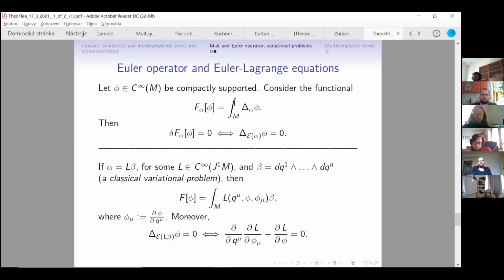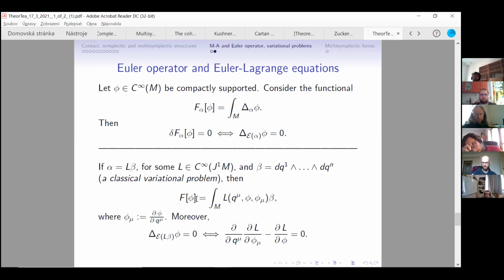Well, this right-hand side is well defined. This is an n form on M, and we can integrate it to get this functional. And the interesting fact about the Euler operator is that phi will solve the variational problem arising from F if and only if it will solve the equation given by the image of alpha under E, under the Euler operator.